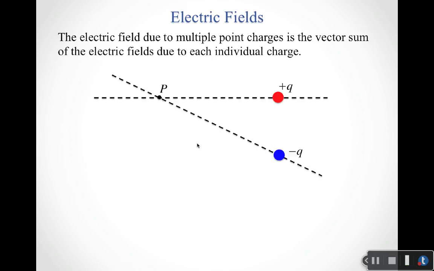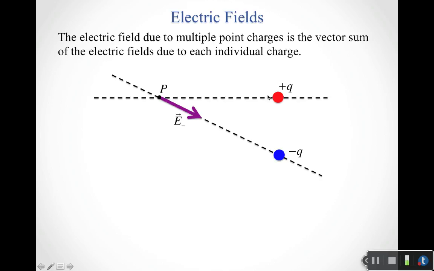And so if we've got multiple charges, then the way that we deal with multiple forces is that we've got to add them together. So I need the vector sum, which in this case, what would I do? Well, let's see. If I put a positive charge here at point P, it would be attracted to this negative Q, which means that there's got to be an electric field contribution from my negative Q charge down here that's got to point along this line and towards that negative charge. There it is.